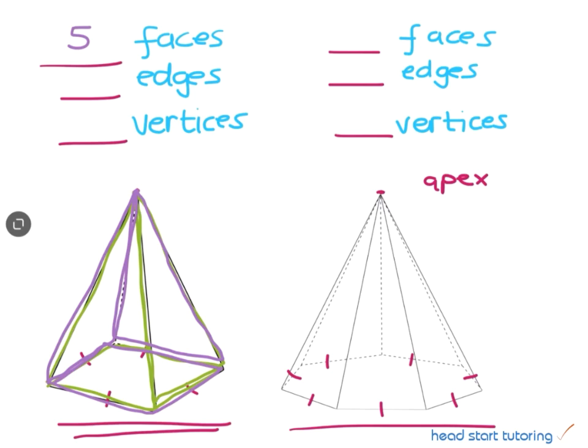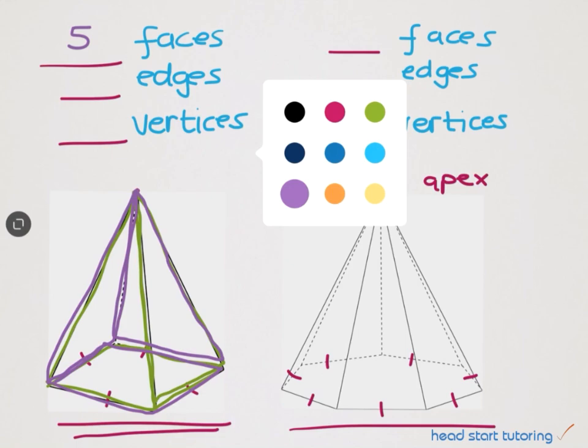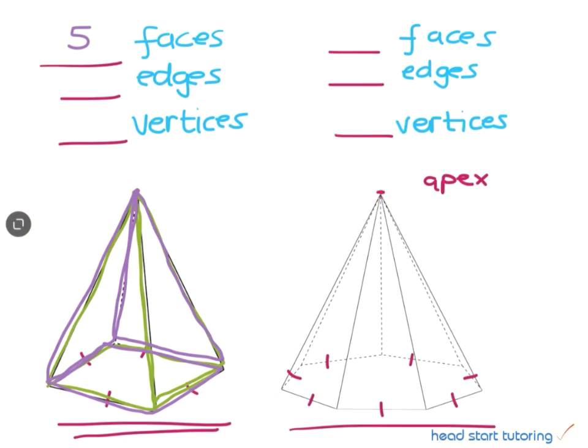Right, so let's have a look at how many edges our square pyramid has. So we have got 1, 2, 3, 4, 5, 6, 7, 8 edges altogether.